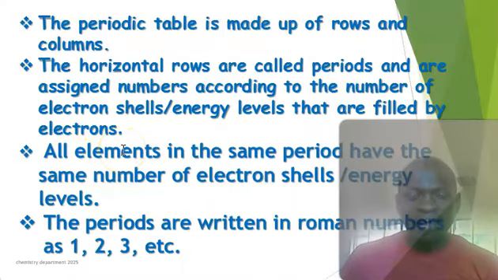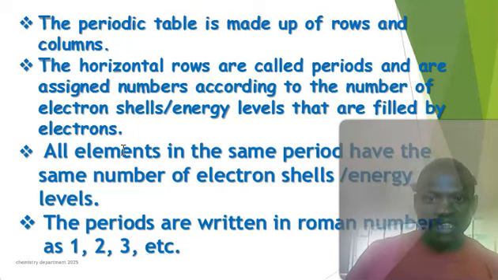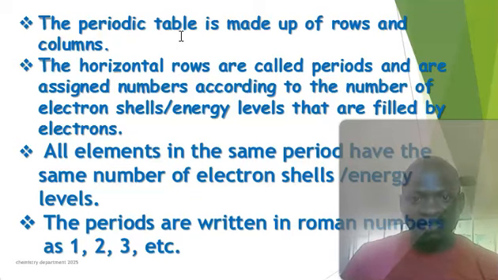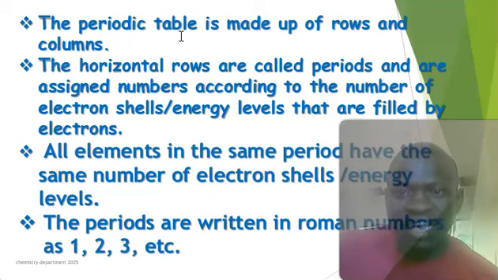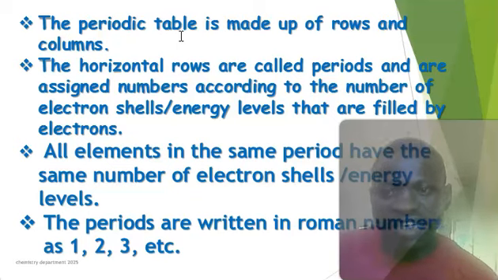Alright, here we have some detailed explanation about the periodic table. The periodic table is made up of rows and columns. The horizontal rows are called periods and are assigned numbers according to the number of electron shells or energy levels that are filled by the electrons.